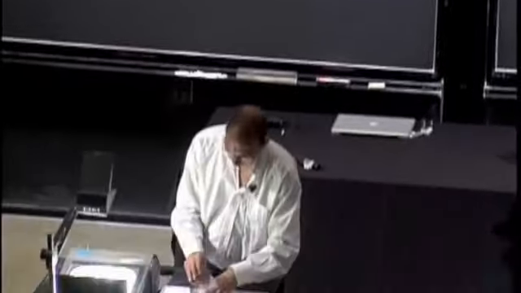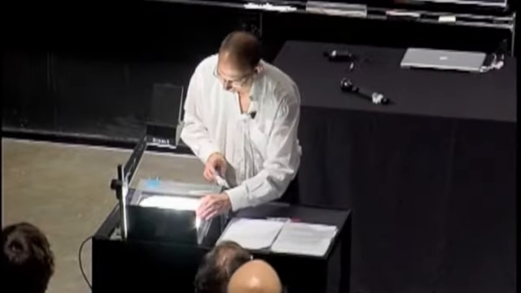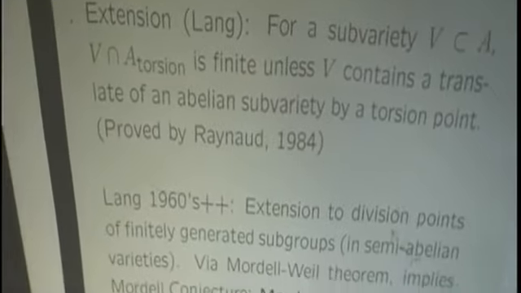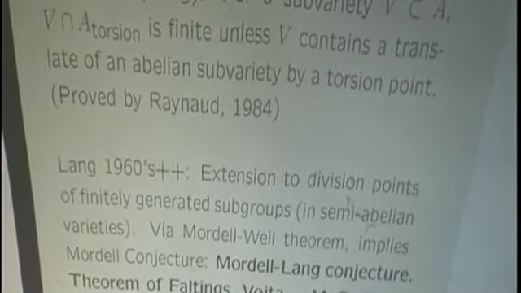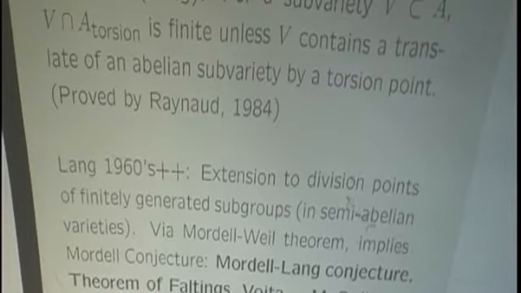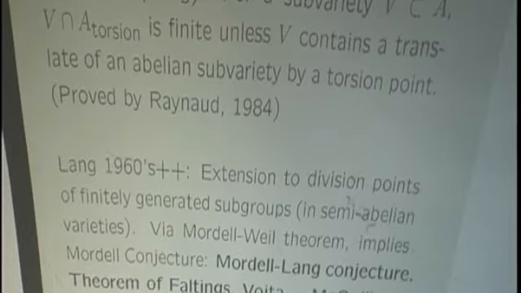That original statement was also extended by Lang to a subvariety of an abelian variety: V has only finitely many torsion points unless it contains a translate of an abelian subvariety. And then there's a refined version, which I think is on the next slide. And this was all proved by Raynaud in 1984.